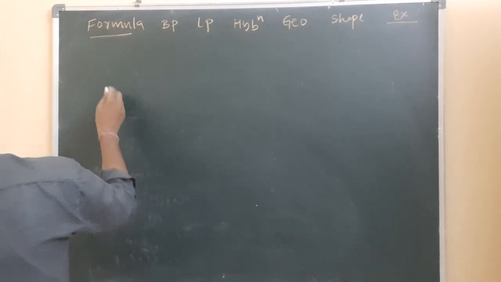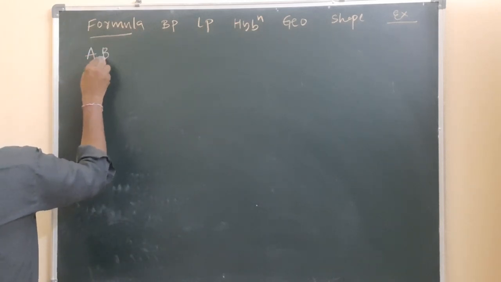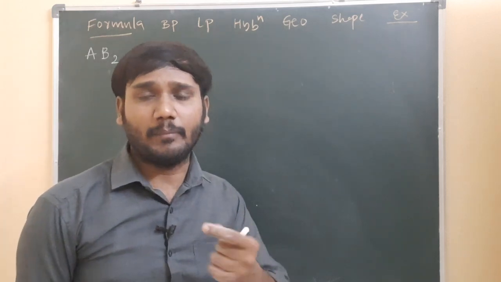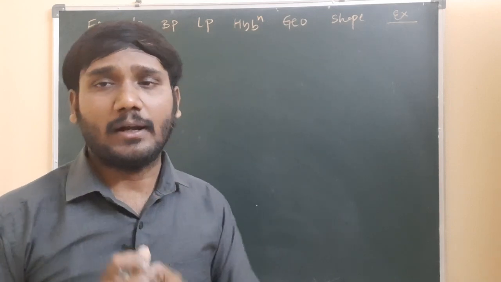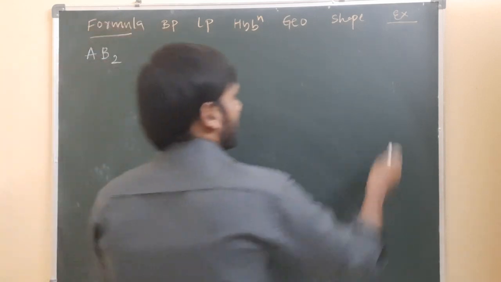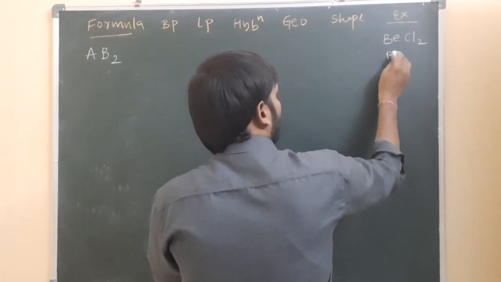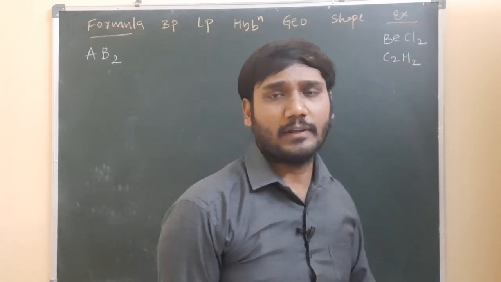For example, I am taking the formula AB2. AB2 means A is the central atom, B are the surrounding atoms. One central atom, around that 2 atoms are present. For example, BeCl2, otherwise C2H2.